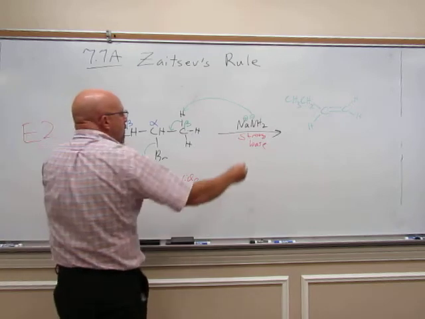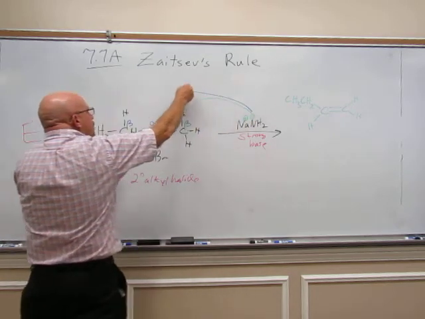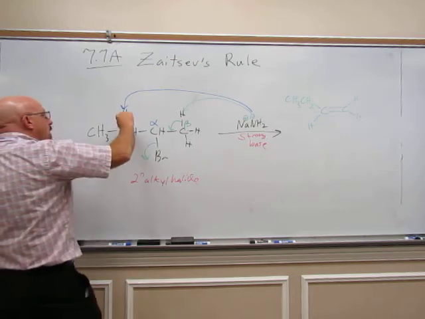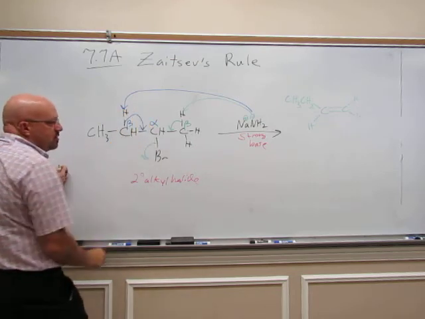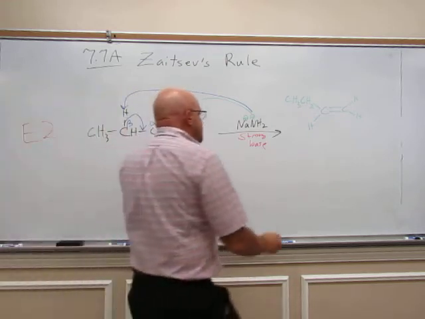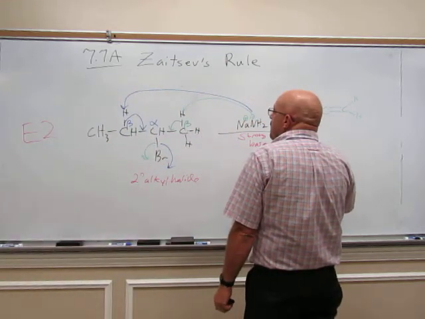If we go to the other beta position, the base could grab this beta hydrogen. Electrons kick toward the alpha position to form the double bond and kick the leaving group off. Then this is the alkene that we would get.